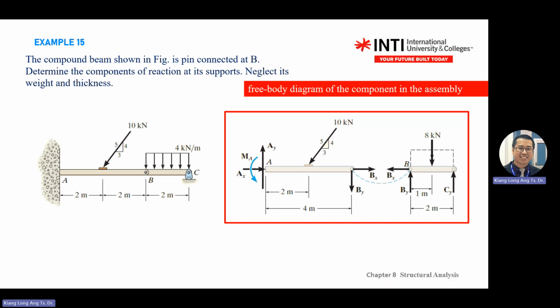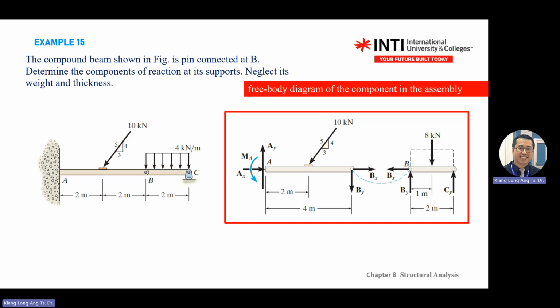If you forget, and in your free body diagram for member BC you write 4 kilonewton per meter and draw the four lots of arrows here, I will circle this one, it means you went wrong at this step. If this one is 2 marks, I will circle this and minus 1 mark here. So you only get 1 mark for this free body diagram.